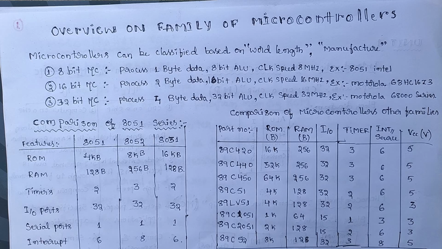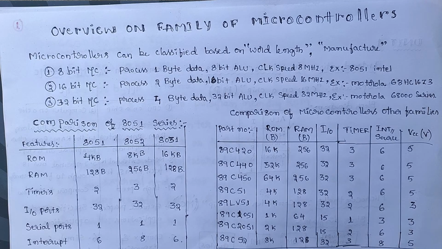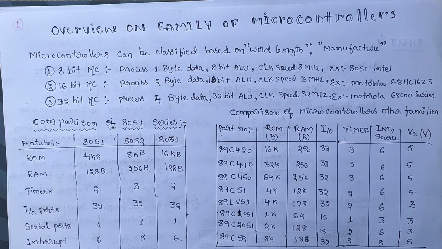The 8052 has 8 KB of ROM, 256 bytes of RAM, 3 timers, 32 IO port pins, 1 serial port and 8 interrupt sources. The 8031 has 16 KB of ROM, 128 bytes of RAM, 2 timers, 32 IO port pins, 1 serial port and 6 interrupt sources.